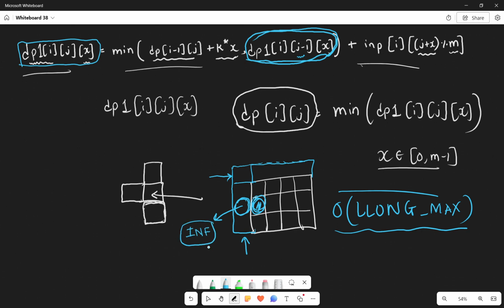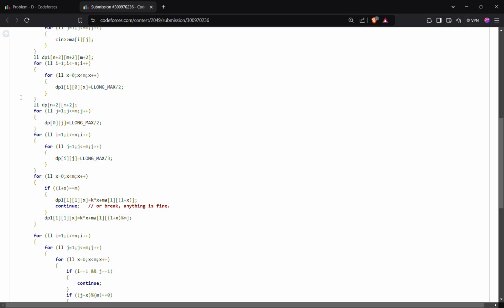So something practically of the order of infinity, based upon the constraints of the problem. And that is for the columns, for the first column, zero-based column, and this is for the zero-based row.